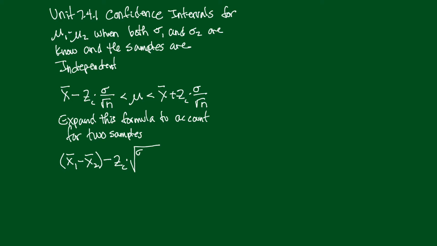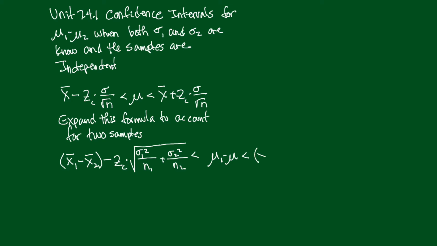We're going to have sigma 1 squared over n1 plus, let me extend that, sigma 2 squared over n2. That's going to be less than mu1 minus mu2, less than, now the same thing on the right here, but with a plus sign.